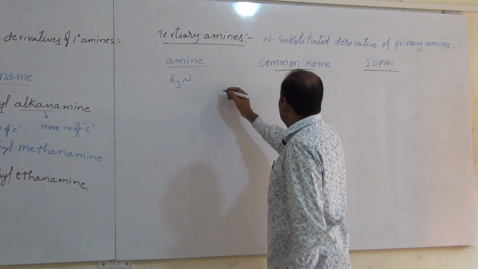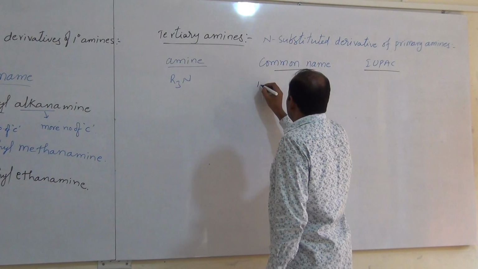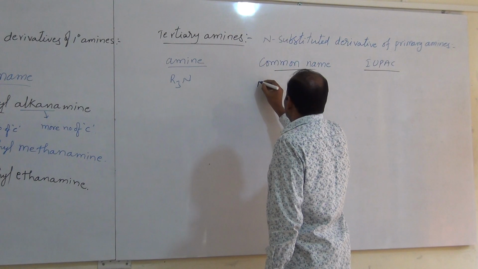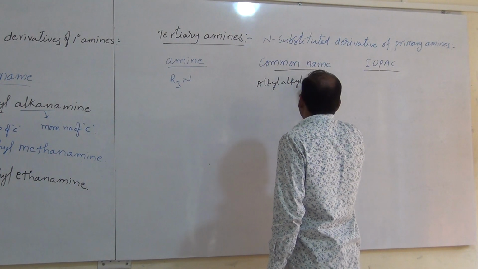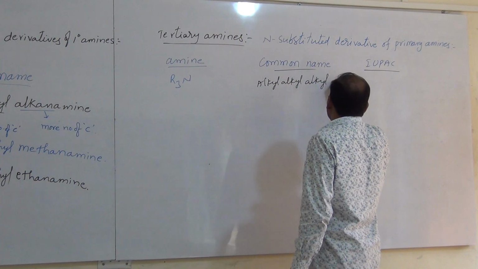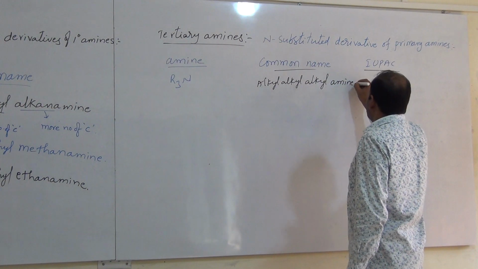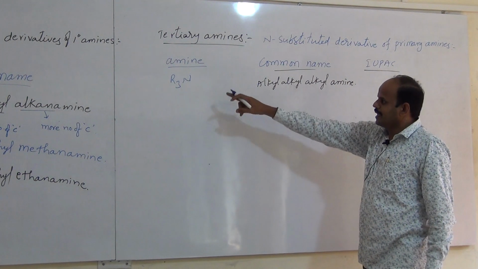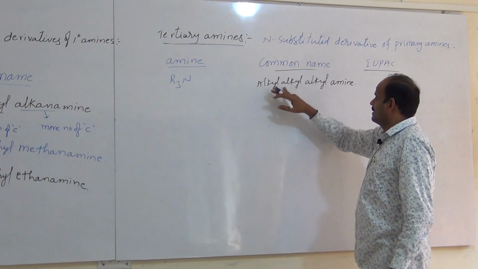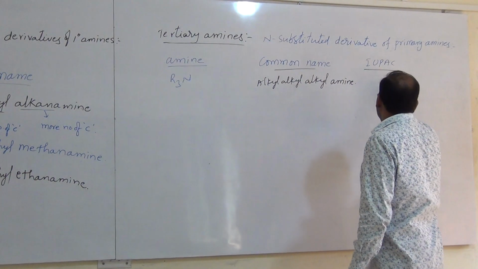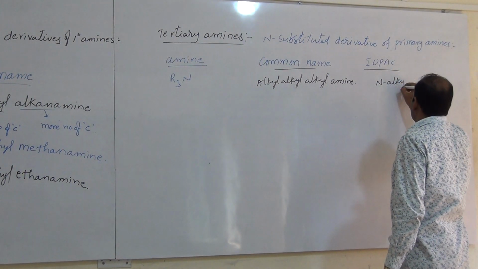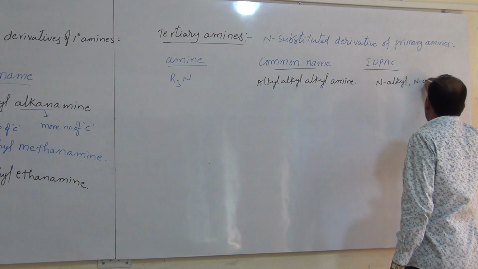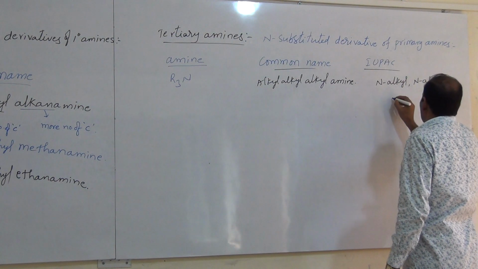Here the common name is alkyl, alkylamine. Three alkyl groups should be represented as alkyls only. Next, amine. But in IUPAC, it is N-alkyl alkanamine.